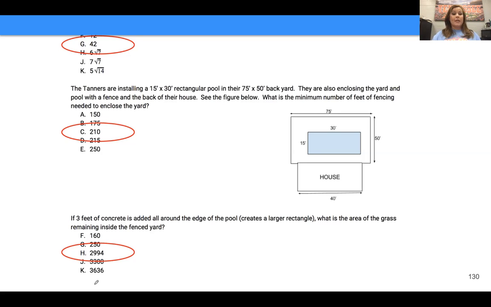Okay, here is a rectangle. It is 2 square root of 7 feet wide and 3 square root of 7 feet long. What is the area in square feet of the rectangle? Well, this is where you're going to do 2 square root of 7 times 3 square root of 7.